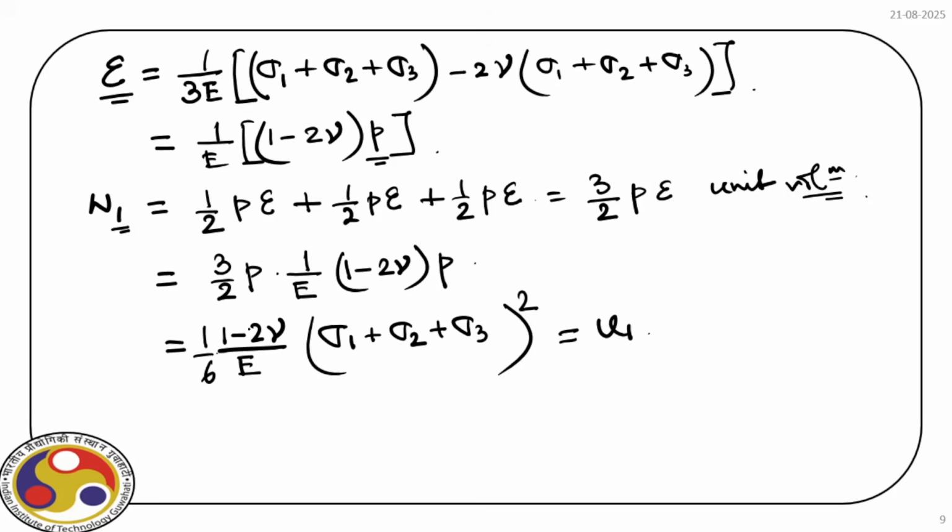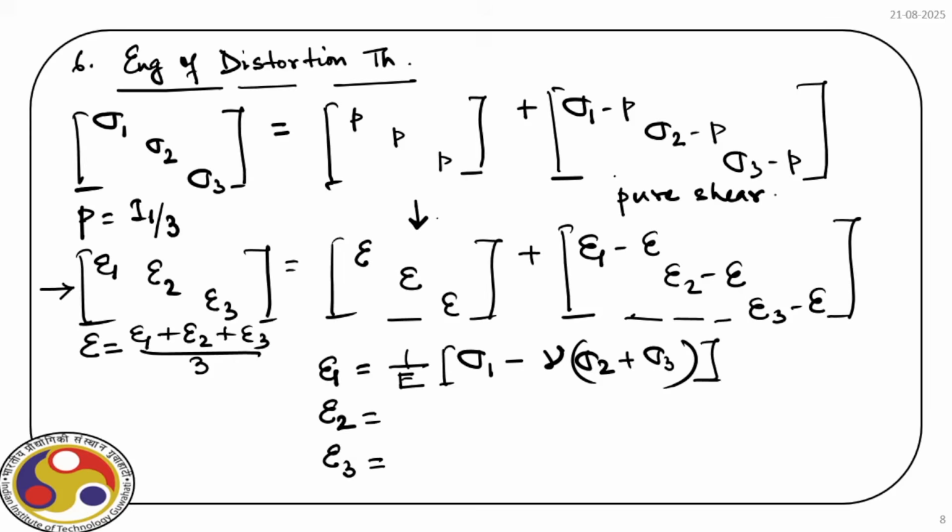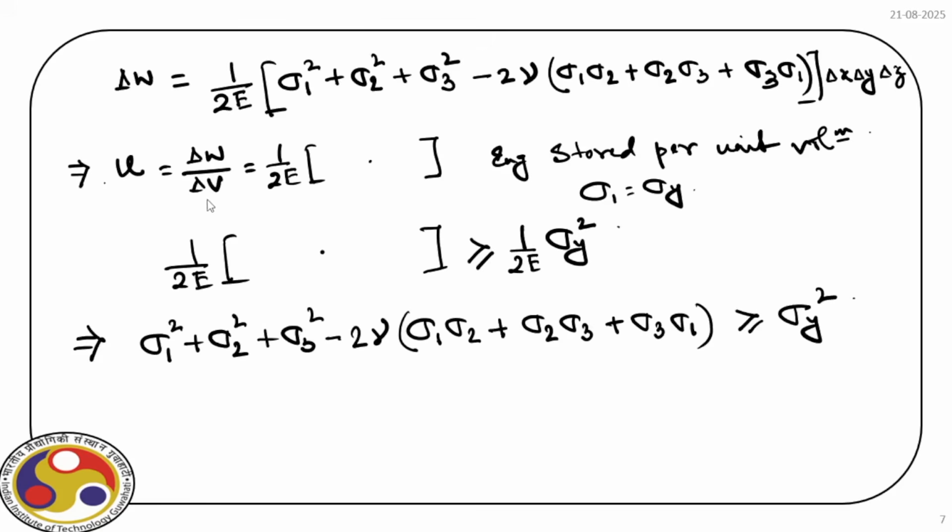the energy corresponding to second part, U2, is nothing but the total energy U minus U1. Now, the first part we have already identified. So if we go back to the previous theory, you can see here we have that expression of U, right?